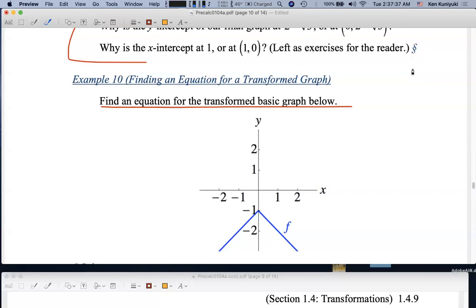Okay. I'm actually going to start with what's strategy 2 in my notes here. Well, first off, what's the basic graph we want to start with? How about absolute value? So we're going to start with y equals the absolute value of x.